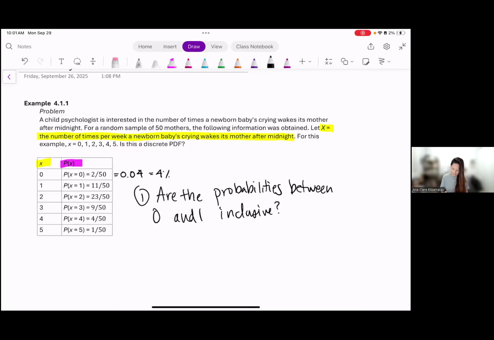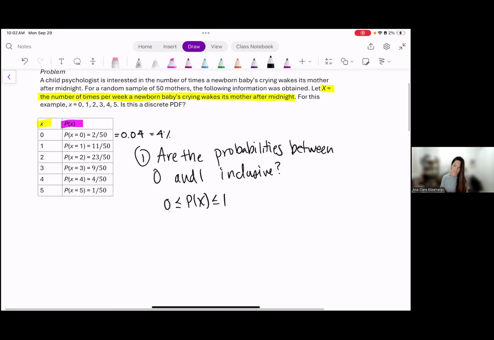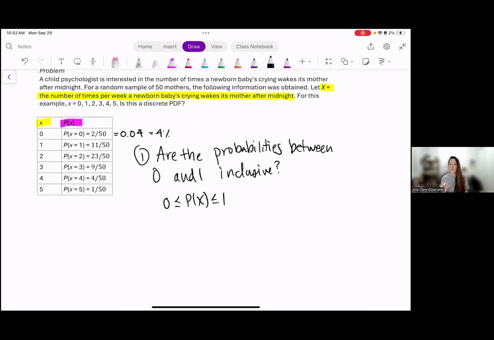Another way that I could write that is 0 less than or equal to the probability of X is less than or equal to 1. And all that's saying is the probability can equal 0, it can equal 1, and it can be all the ranges in between. 2 out of 50, that was 0.04 or 4%.